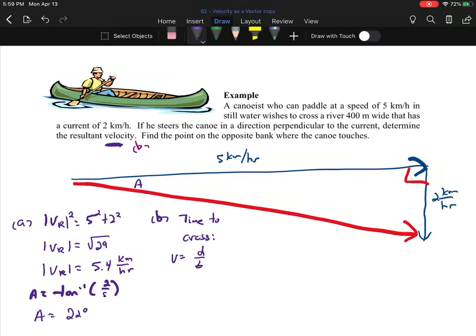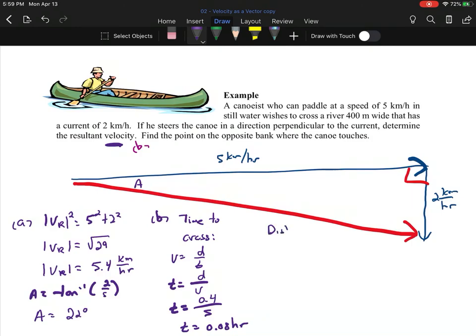So I'm going to rearrange that to get an equation for what I want, which is how much time does it take to cross. And to get that time, I take the distance and divide it by the velocity. The distance here is 0.4 kilometers. The velocity is 5. And so his time to cross is 0.08 hours. That's not 8 minutes. It's 0.08 hours in decimal form.